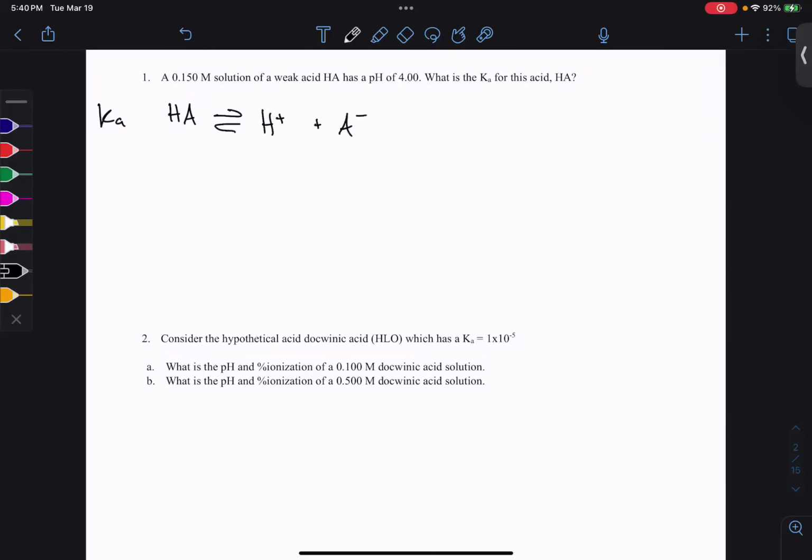All of this is aqueous. I'm just lazy. I don't want to write the phases. Everything is aqueous, so everything goes into the Ka expression. So we can write that Ka expression is H plus concentration times A minus concentration over HA concentration. Products over reactants, right?